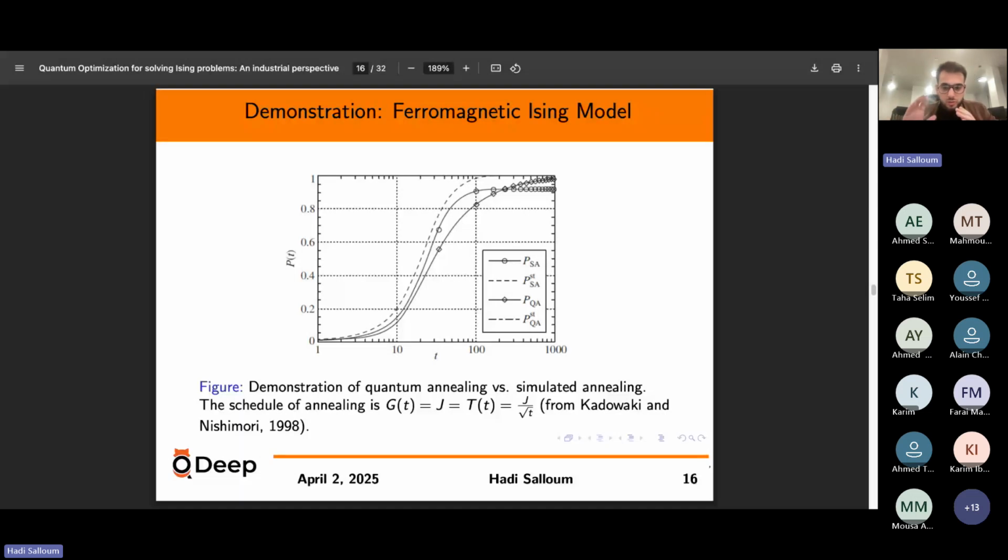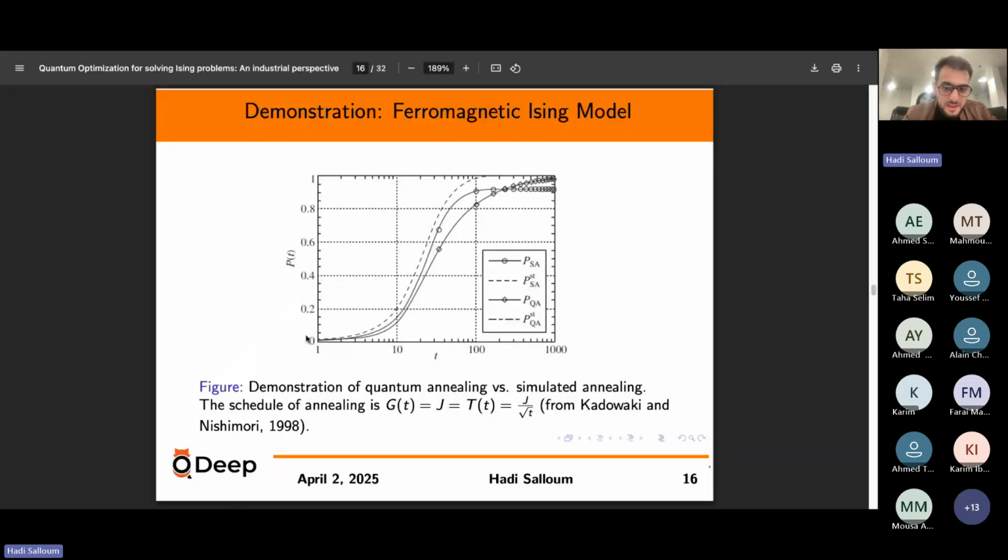The idea is to make the schedule the same for both operations, quantum annealing and simulated annealing. After that, we compare. Here you can see the probability of having this ground state solution, I mean the optimal solution.